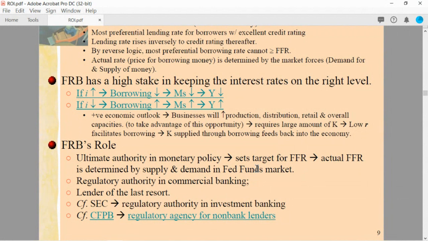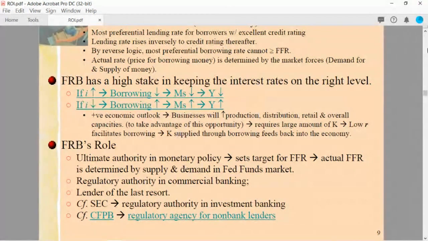And I said bond market, but in general, the lending, credit market. They go into the credit market, and through market operations, in other words buying and selling, they try to bring the actual market rate close to the target rate.